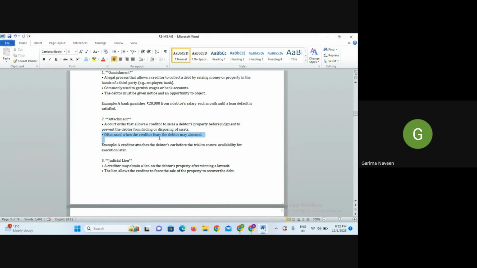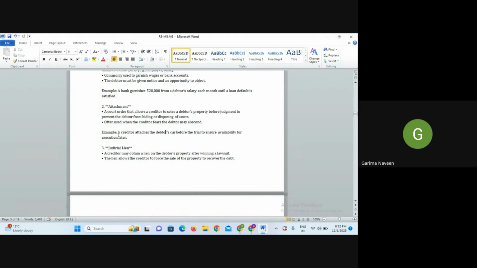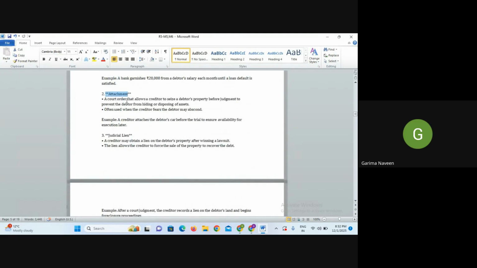It is often used when the creditor fears that the debtor may abscond, meaning the debtor may hide these properties. For example, a creditor attaches the debtor's car before the trial to ensure availability for execution later. Is it clear? So attachment is basically a court order.